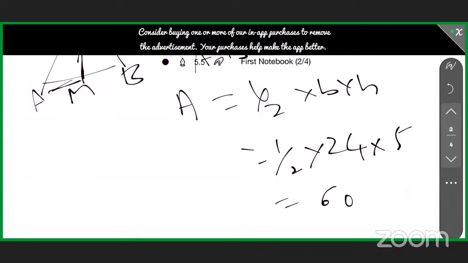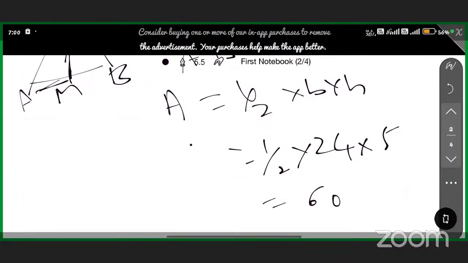Okay, we'll stop it here for today. Again and again, I am telling you that you have to learn the formulas, theories, equations, corollaries, all those things, or else it is very difficult to solve.